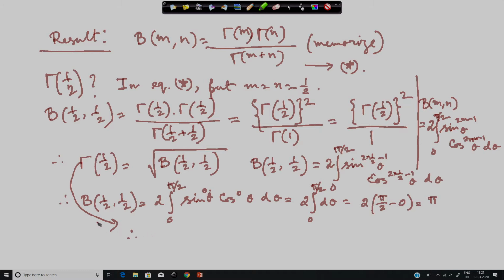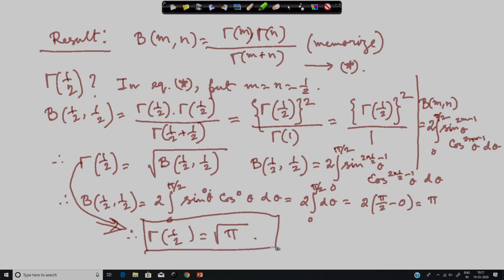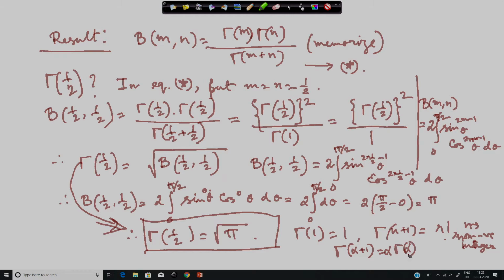Therefore, this implies gamma half equal to root over pi. Also remember these values: gamma half is root over pi, these are very important. Gamma 1 is 1, gamma n plus 1 is n factorial, n a non-negative integer, and gamma alpha plus 1 equal to alpha gamma alpha for all alpha greater than 0.